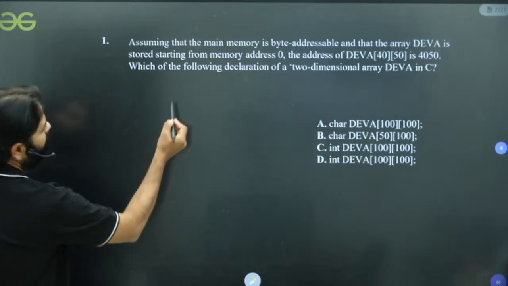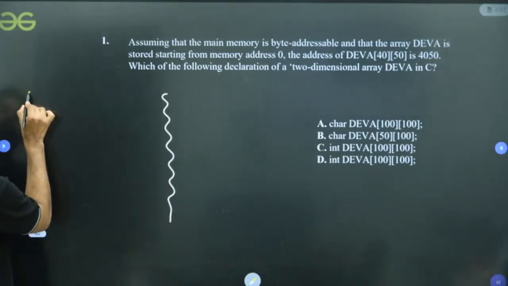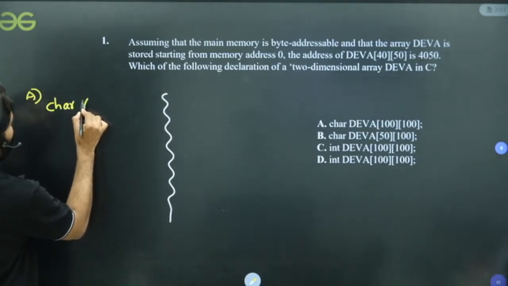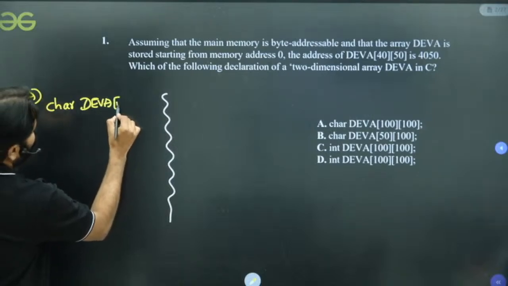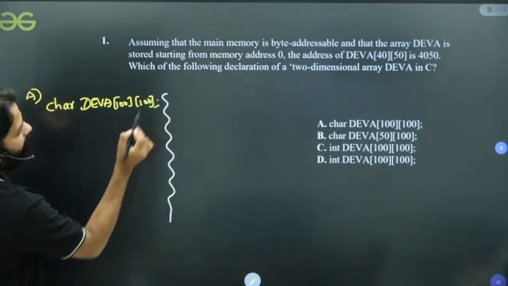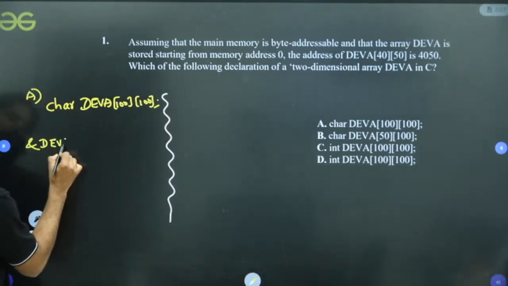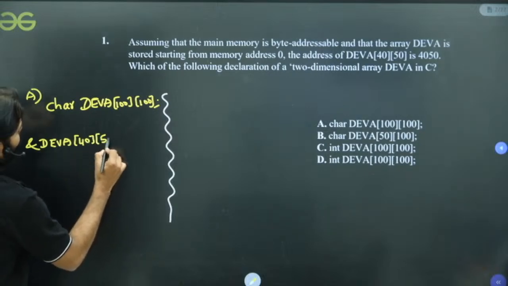I'll just help you with option A. If option A is given, your declaration is char Deva[100][100]. If you want to find the address of Deva[40][50], how do you calculate?